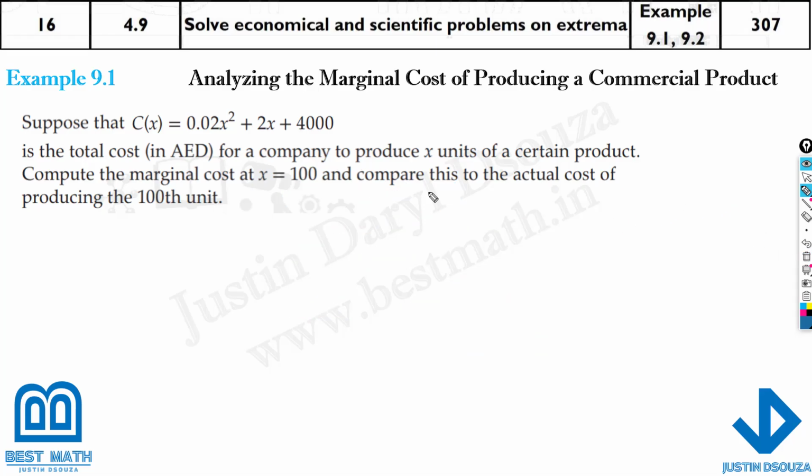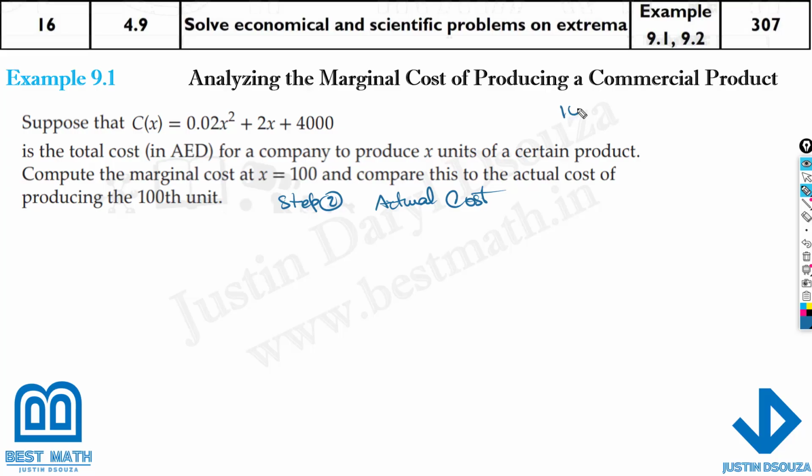So step 2 is the actual cost. Now, how would you find the actual cost? Because this is the total cost equation, we can put any x value and you'll get the total cost of producing so many units.